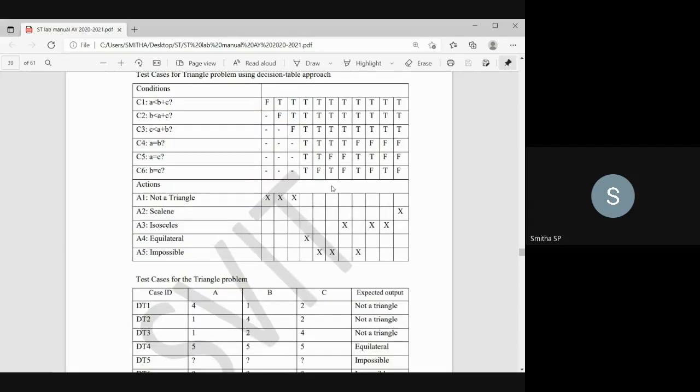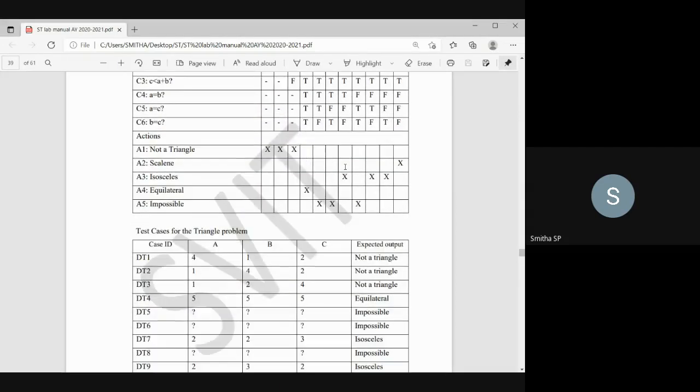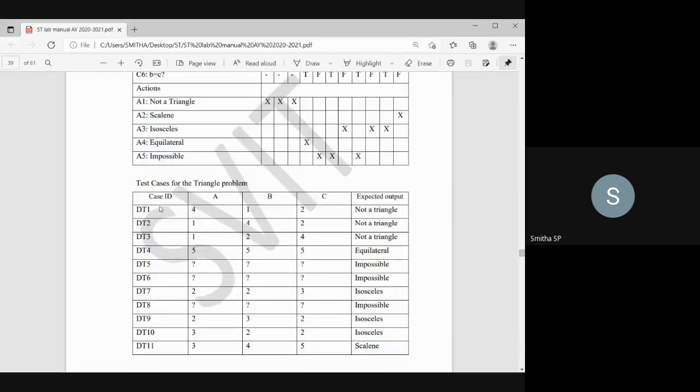Next, by looking into this decision table, you have to write the test cases. Name the case ID for the decision table test cases as DT1, which denotes decision table 1, 2, 3, 4, 5, likewise, and A, B, C are the three sides of a triangle.